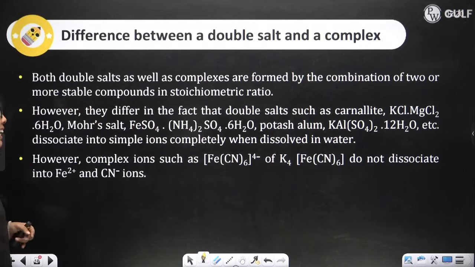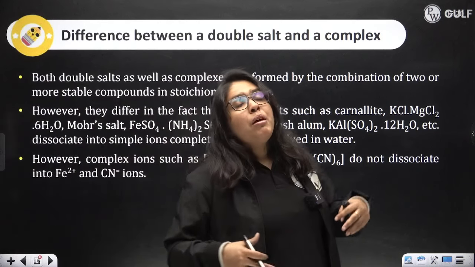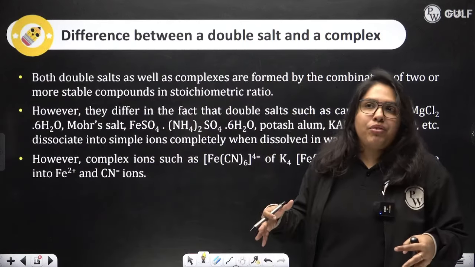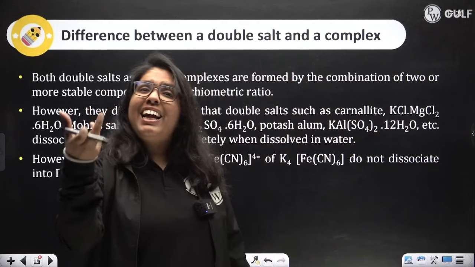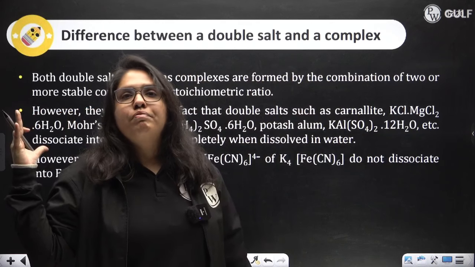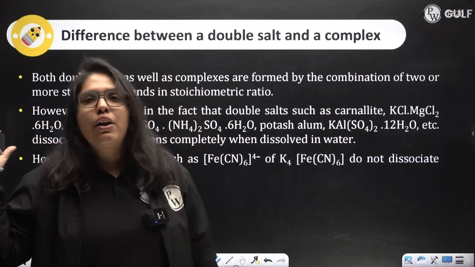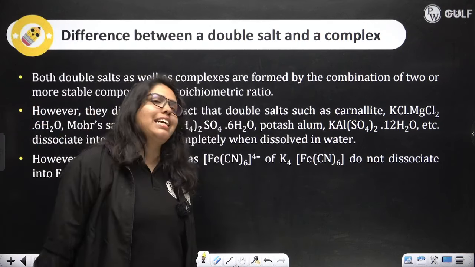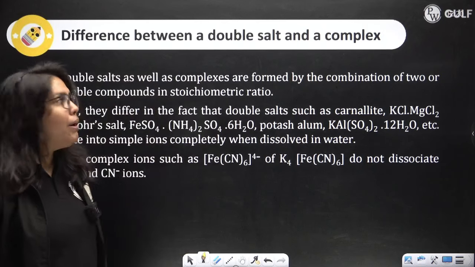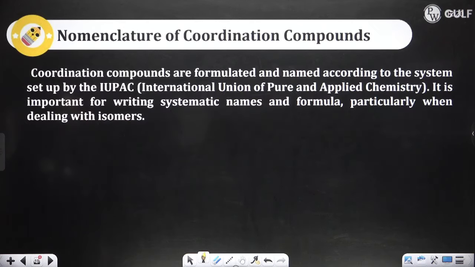They dissociate. Yes, they are a combination of two or more salts, but they too dissociate. Whereas with coordination compounds, the coordination entity remains intact. With counter ions, of course, counter ions will dissociate, but the coordination entity stays intact. So this is the difference between a double salt and a complex.